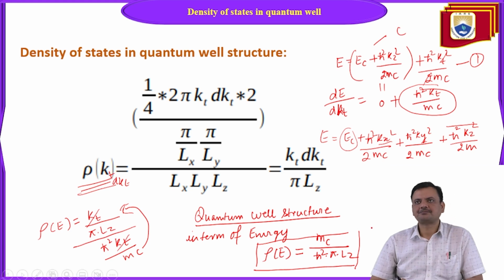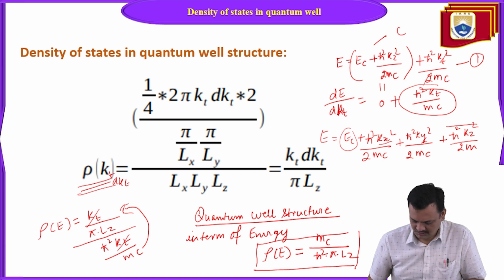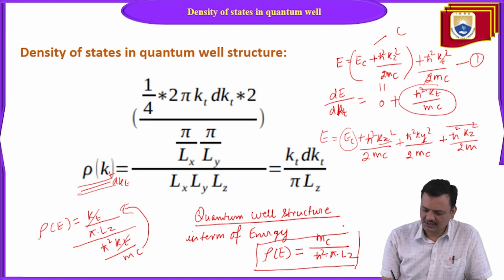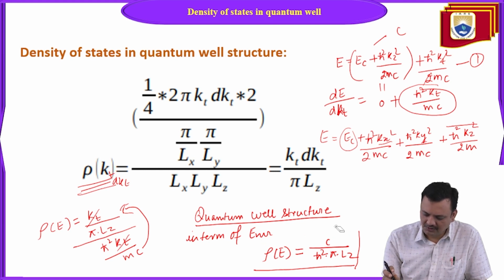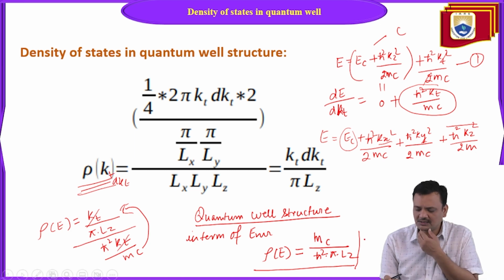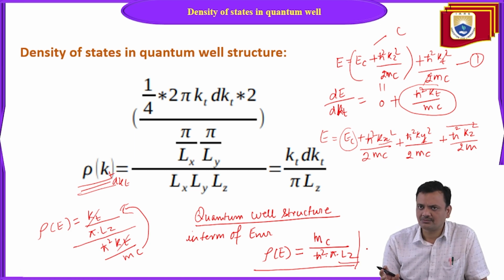And see here, there is no energy term. Means your density of state will be constant. Why? Your density of state in quantum well structure will be constant because Lz is the dimension of your specimen in z direction.